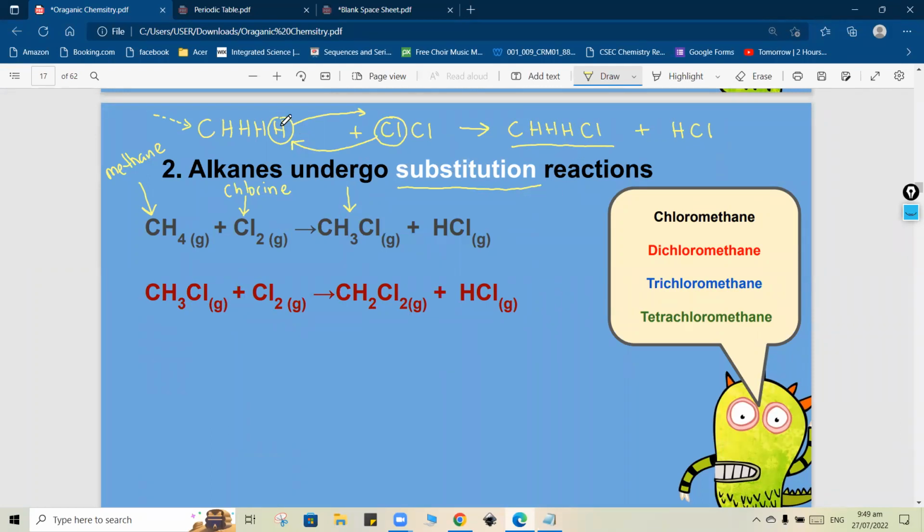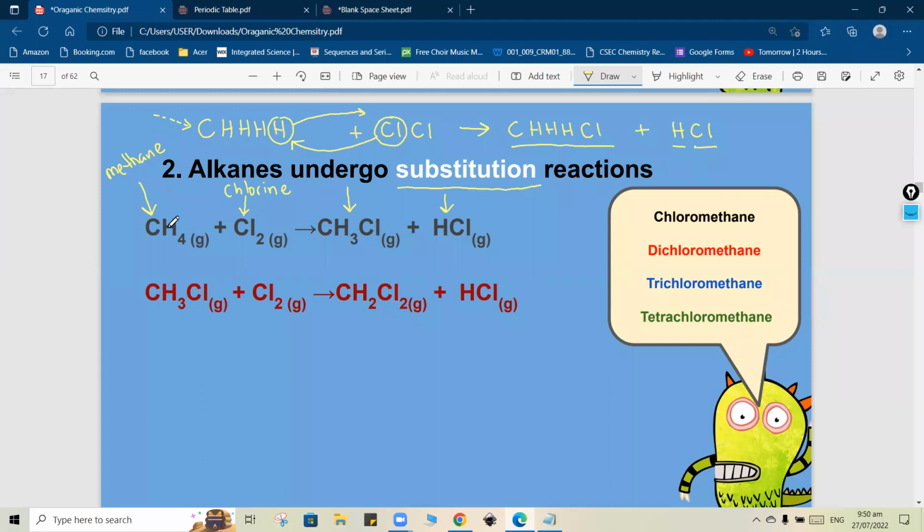And of course, this hydrogen that got kicked out joined this chlorine here to get HCl. That's this guy here. So that's an example of something called a substitution reaction, right?